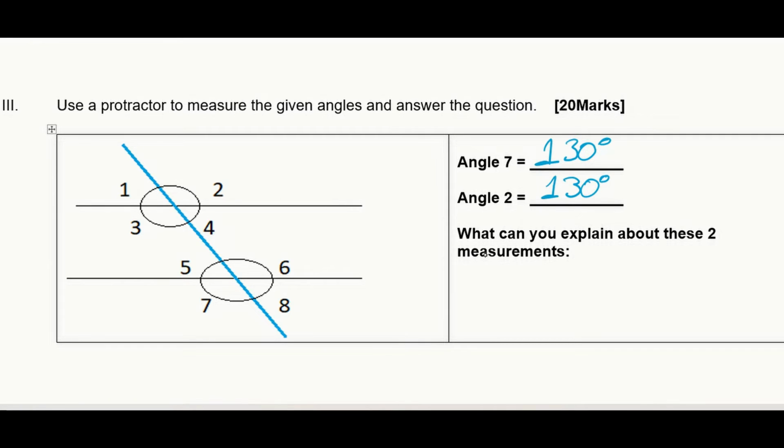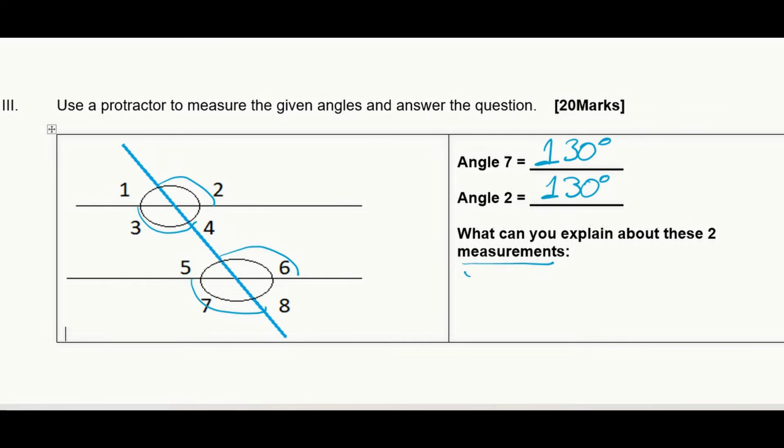And it says, what can you explain about these two measurements? Well, what I expected you to realize is that these are two parallel lines and this is a transversal, and the property says these 3 and 2 are opposite angles. Number 7 and number 6 are also vertically opposite. It means they are congruent.